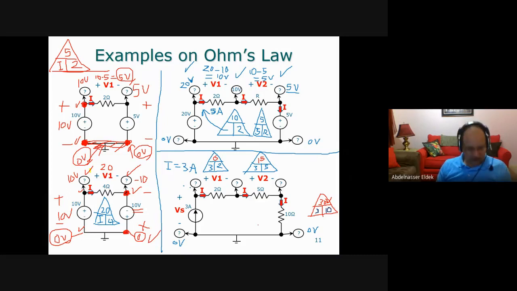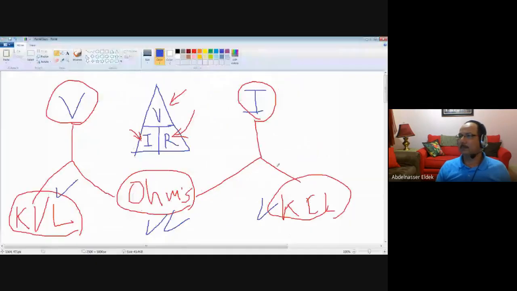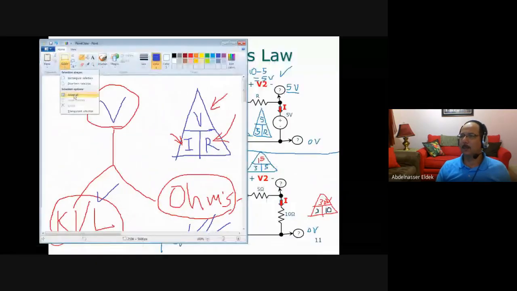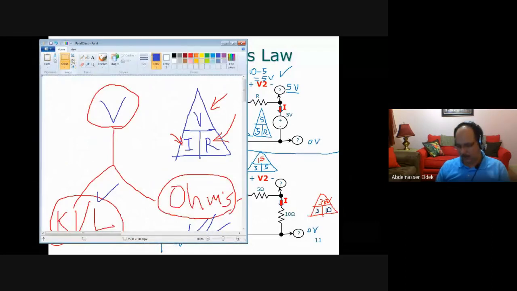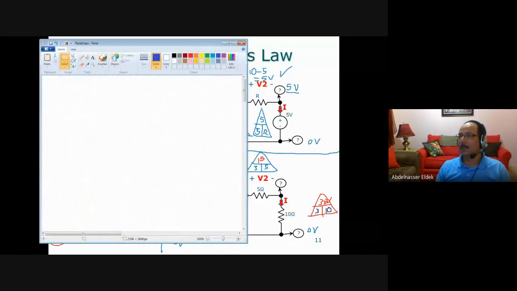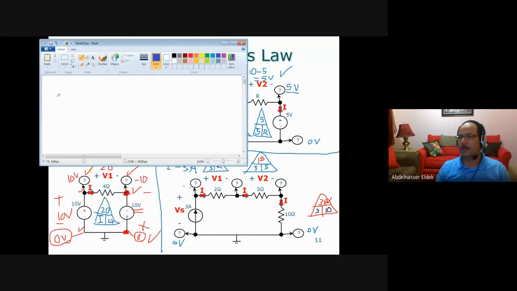Number one, let me erase this, select all, and then erase this. We can say that, okay, if we have only one source, it makes sense that Vs equals the voltages across all elements.